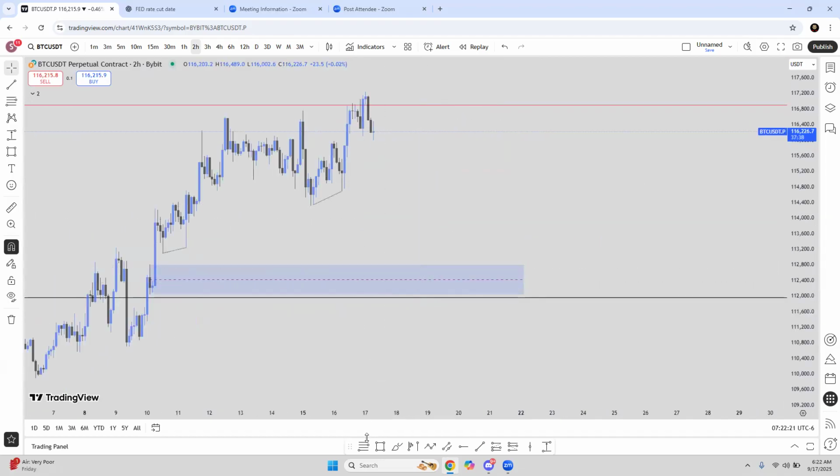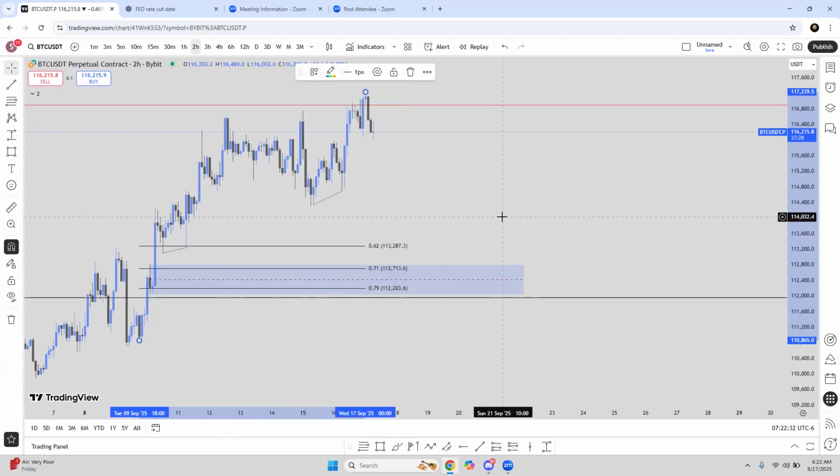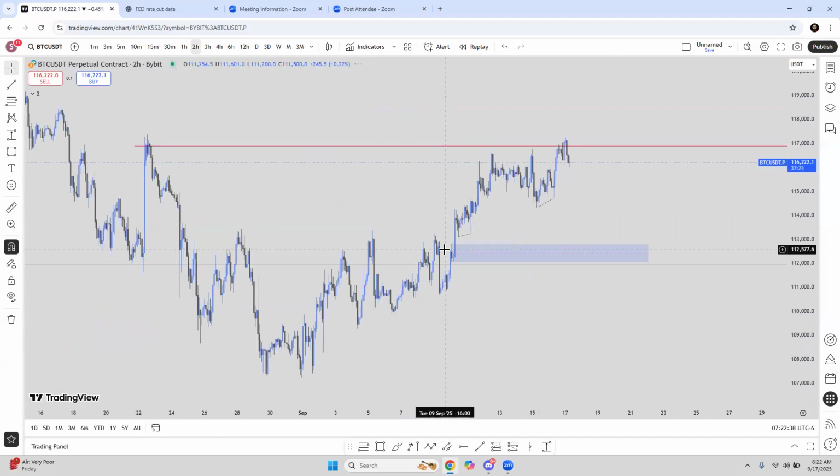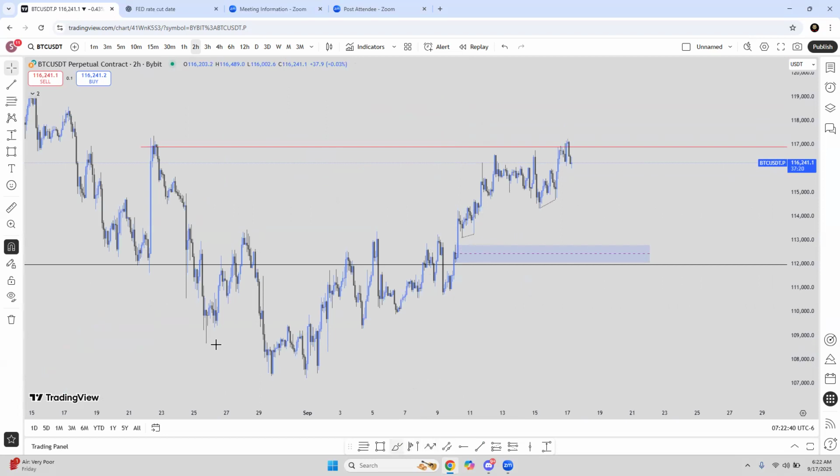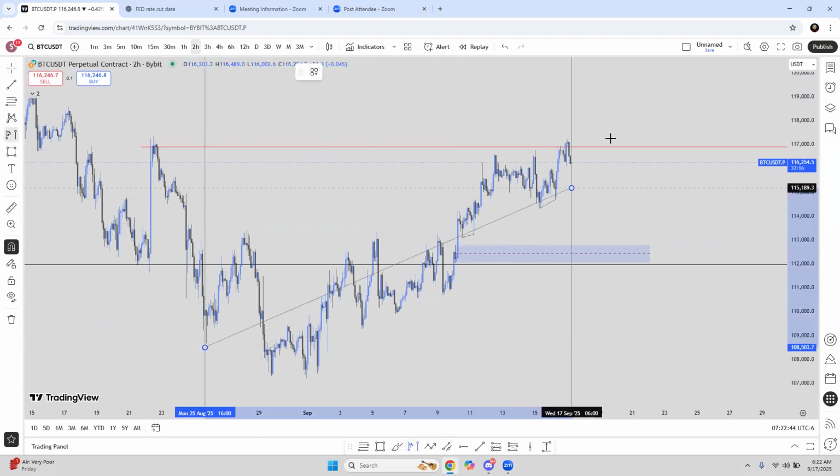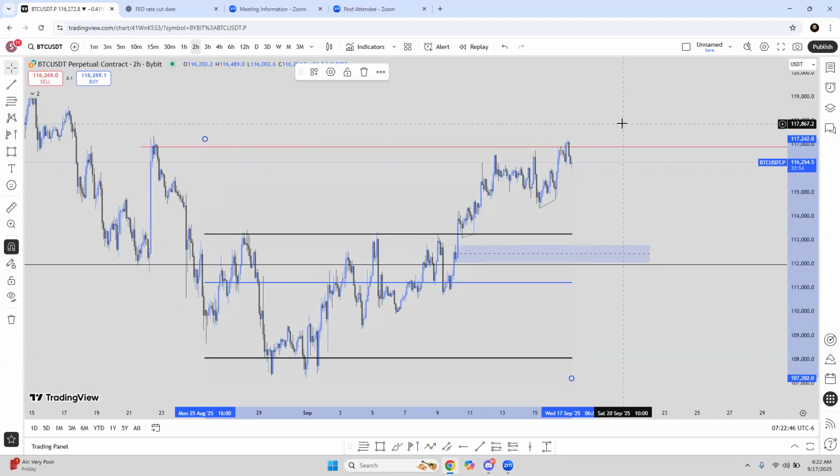What else do we need here? This impulse. Okay, going with this OTE. OTE 0.71, mid golden pocket, also lying here. Another, what should I do here? Okay, the MPOC of the whole range. I will first mark the MPOC of the whole range.